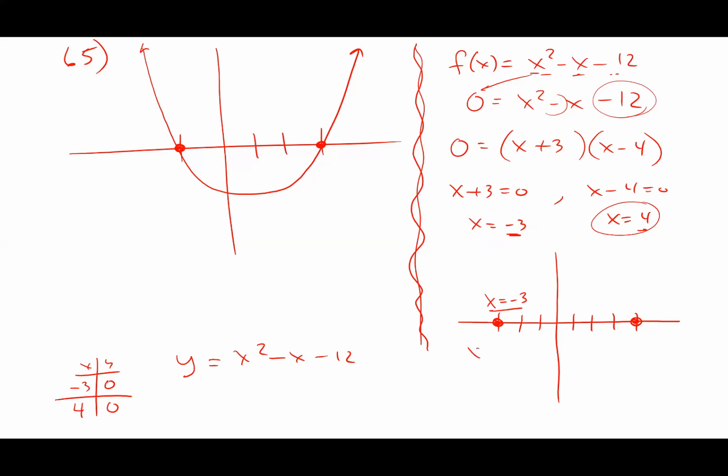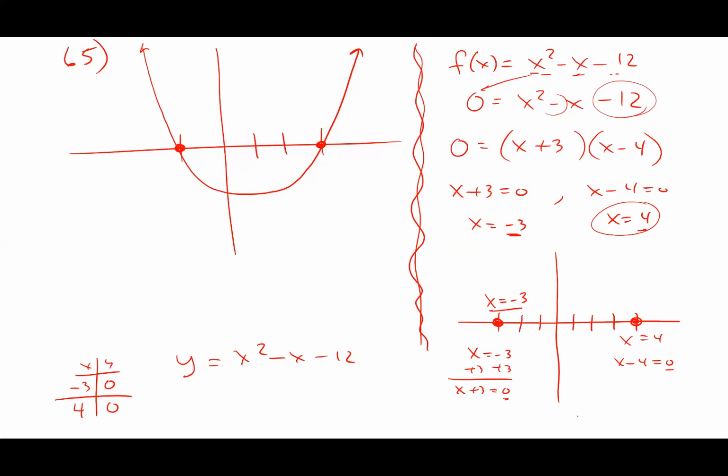If x is equal to negative 3, I add 3 to both sides to give me a 0. That tells me that's a 0. If I go over here, x equals 4, and if I subtract 4 from both sides, that gives me a 0. So notice we have x plus 3 equal to 0, x minus 4 equal to 0.